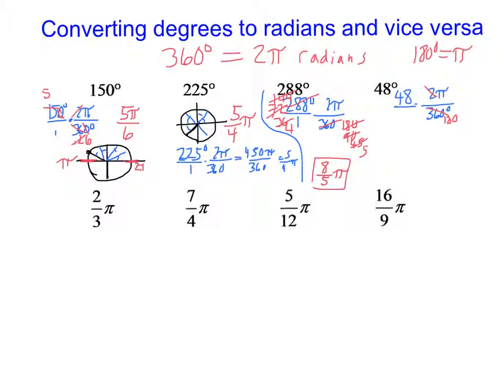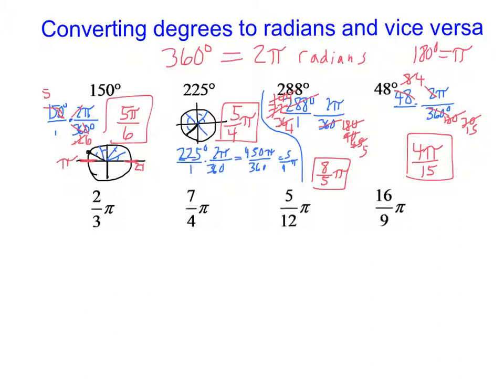Both are divisible by 6, so that's going to be 8 on top, and 180 divided by 6 is, what, 30 on the bottom? Those are both even, so that's a 4 over 15. So I got 4 pi over 15 radians, or 4/15 pi radians. Box all those radians there.